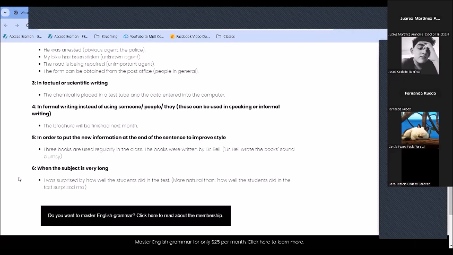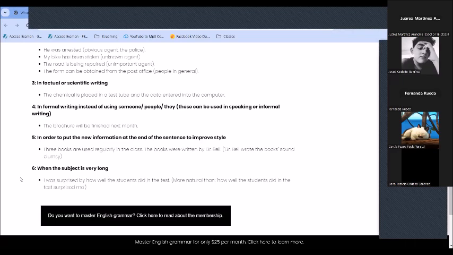And Fernanda, number 6. When the subject is very long, I was surprised by how well the student did in the test is more natural than how well the student did in the test surprised me. Good. How well the student did is a very long subject.